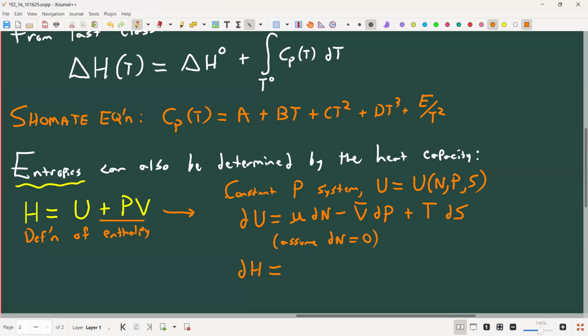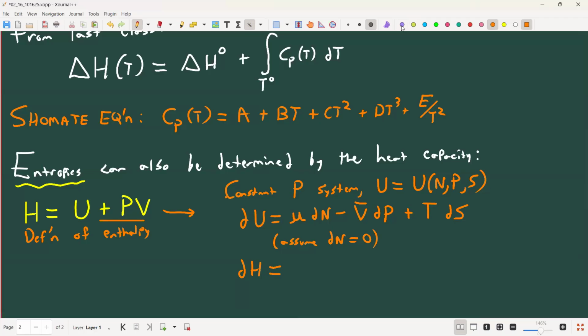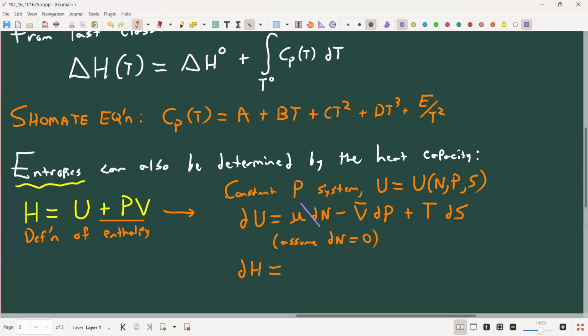And so what that means is that dN is 0, so that term goes away. And we're adding to our change in enthalpy the energy due to work, VdP, which we're getting rid of right here by adding it back, right? So enthalpy is U plus PV, so any negative PV terms go away.